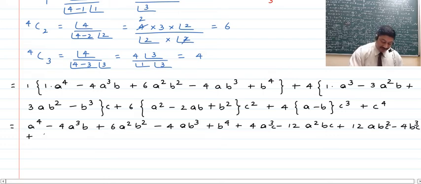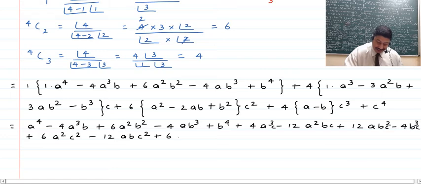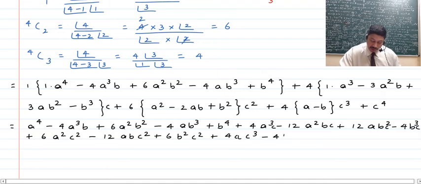So next now we have plus 6 a square c square minus 6 times 2 is 12 a b c square, and then we have plus 6 b square c square, and then further after that we have plus 4c cube. Rather, we'll write a first, 4a c cube, and minus 4b c cube, and then further we have plus c raised to the power 4.